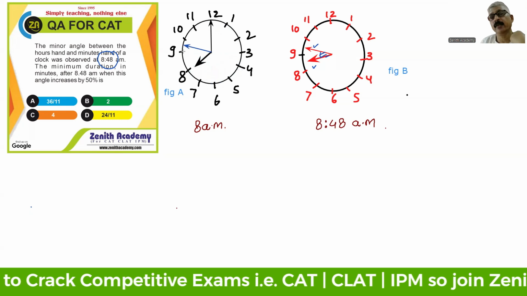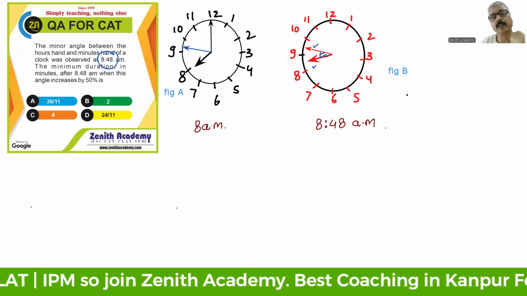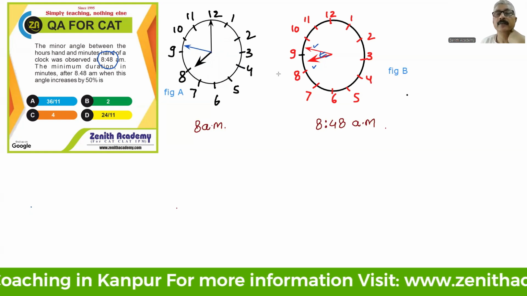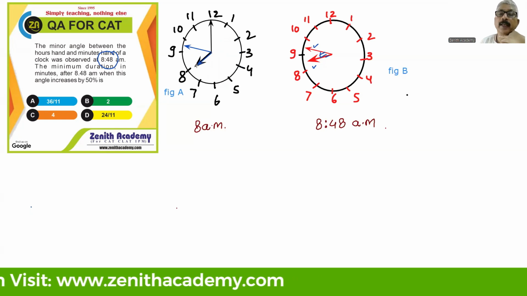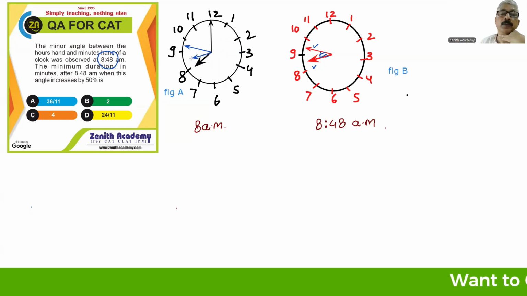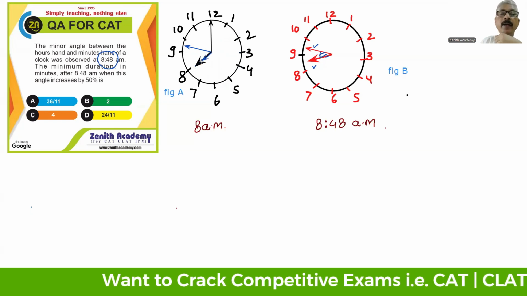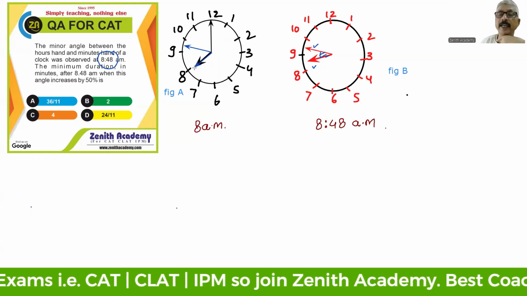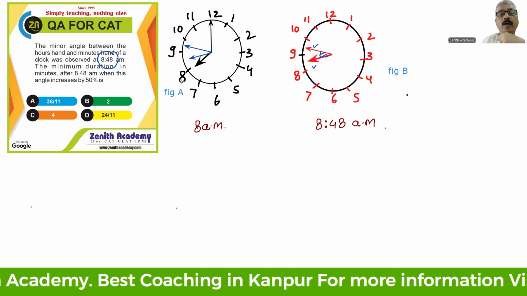So it means the minute hand moves continuously for 48 minutes, right? And the hour hand position was this when the time was 8, and at 8:48 a.m., the hour hand moved to this position. Correct? When the time was 8, the hour hand was at figure 8. And when the time is 8:48 a.m., the hour hand moved to this position.